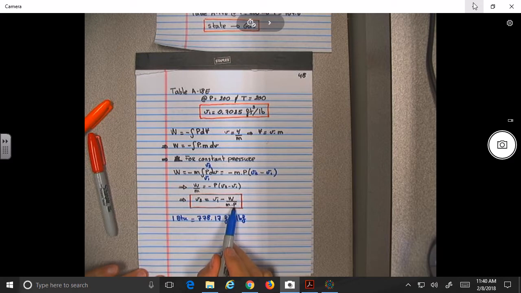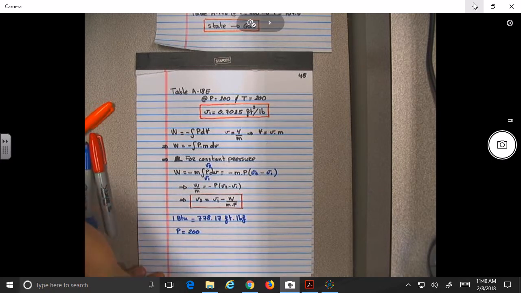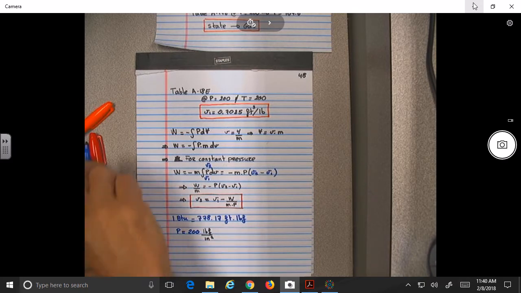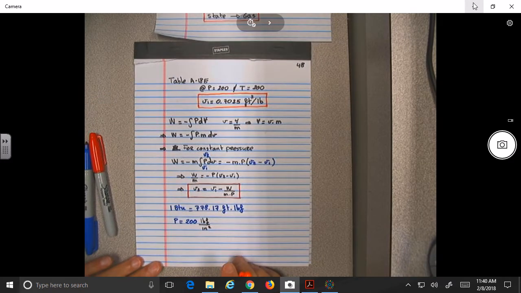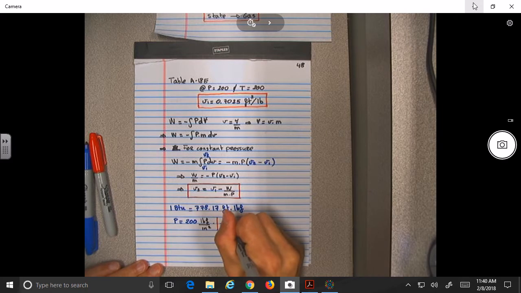It's better if we change the units of the pressure to what? So far we have P equals to 200 lbf per inch square.